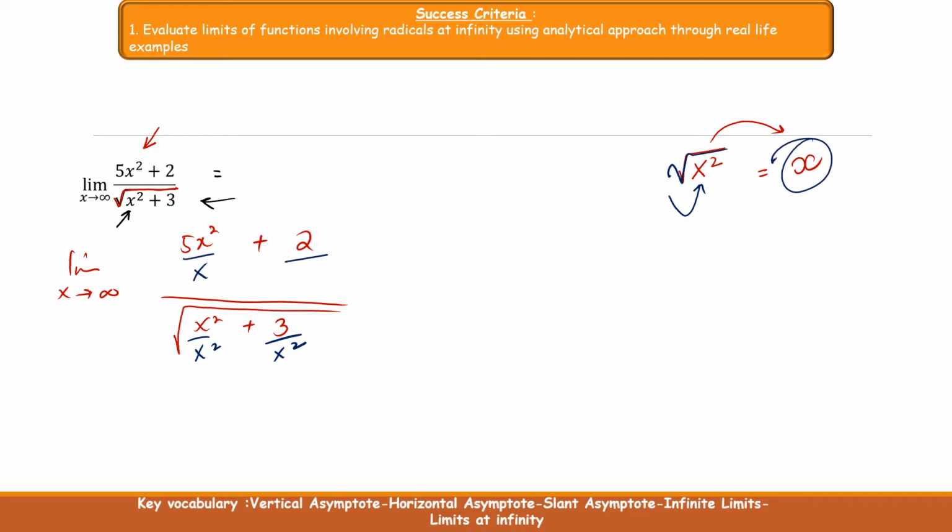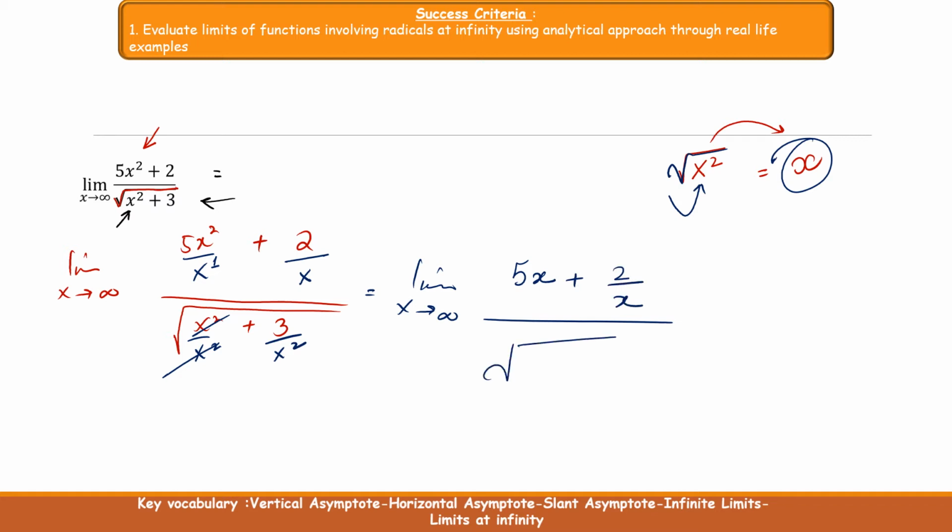Because I don't find any square root in the numerator. Okay, now solve it. So let's try to solve it. x square cancel. Now x square on the top, x in the denominator. Okay, so it will give us 5x. 2 over x as it is. Square root x square gives us 1 plus 3 over x square.